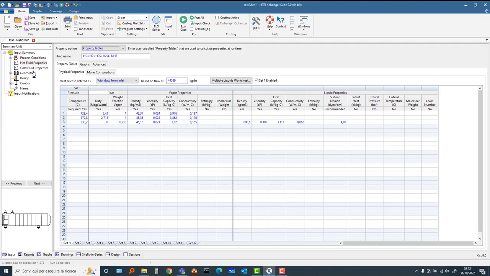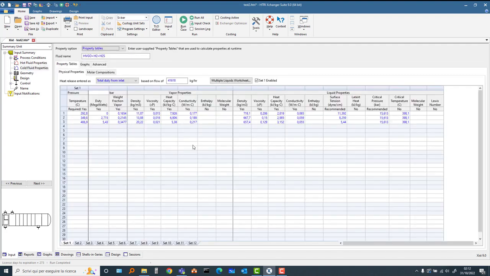And if we look at the cold fluid, we have also properties. Look, there is something more: molecular weight, critical pressure, surface tension. Okay, this is important for boiling or evaporating fluids.